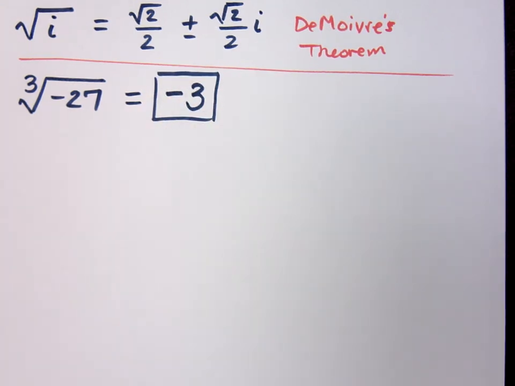Isn't that just -3? Don't hate, I tried. I was about to say, I thought it would be i too.